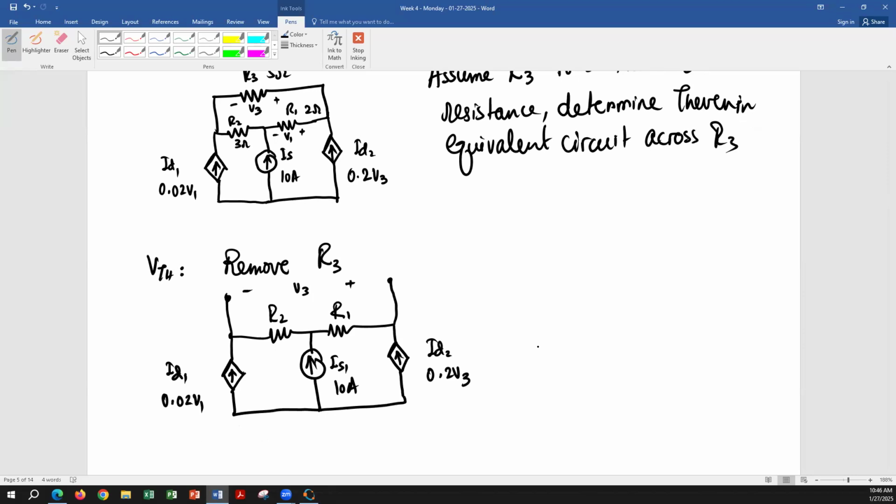So we have to find the open circuit voltage between that resistance or those nodes, and call them node A, node B, node C, whatever you want to call them. V1 is here.